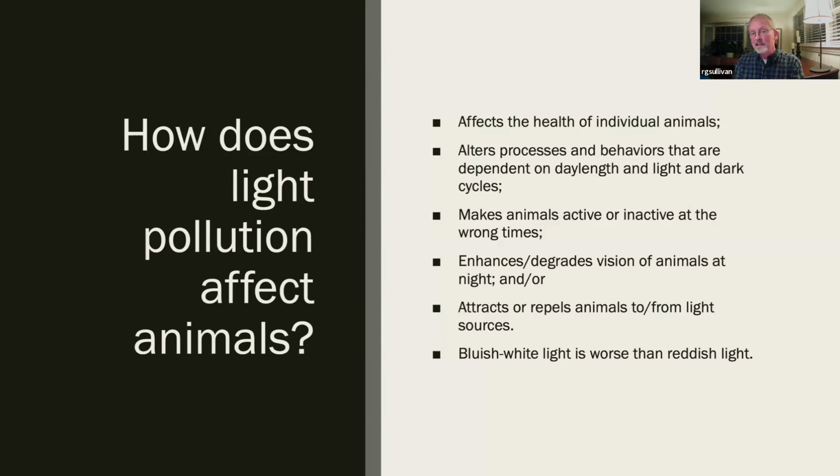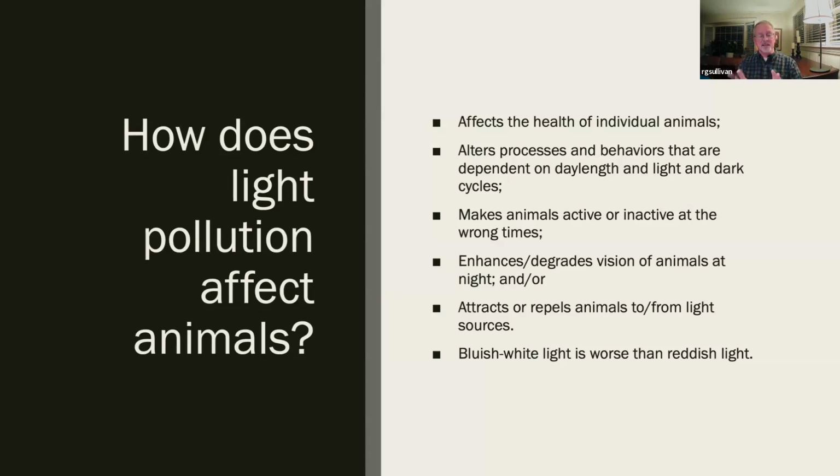And if the prey is supposed to be active at a certain light level, or it is in completely natural light and darkness, and the prey, because it is also tied into light intensity and light levels, may not be active at the time that it is actively trying to hunt.